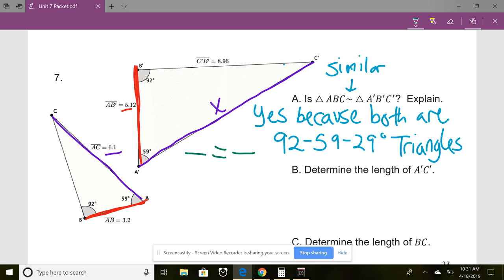Since we're trying to determine the length of side A prime, C prime, I'm going to put that on the top left of my proportion. The similar side to A prime, C prime is AC.